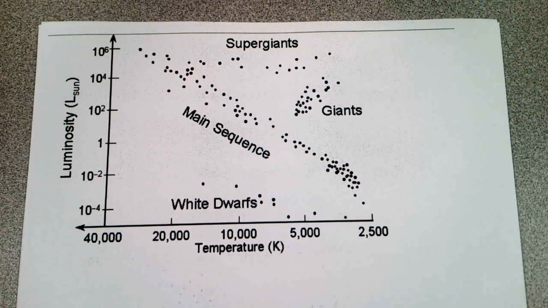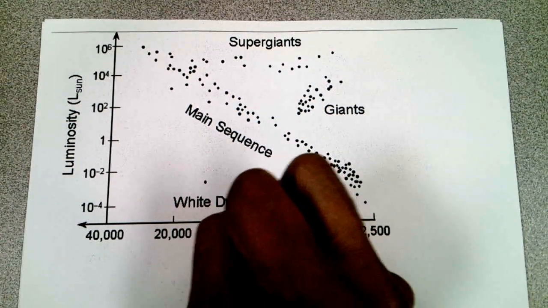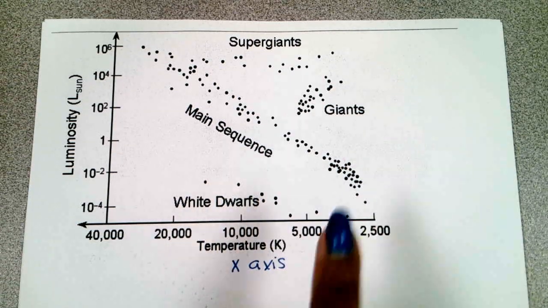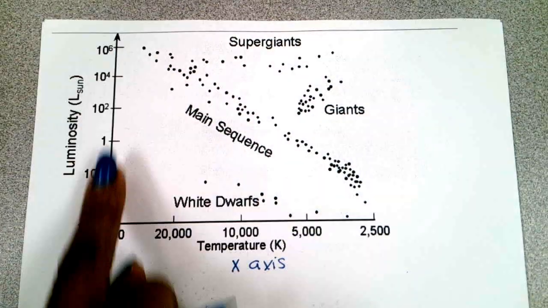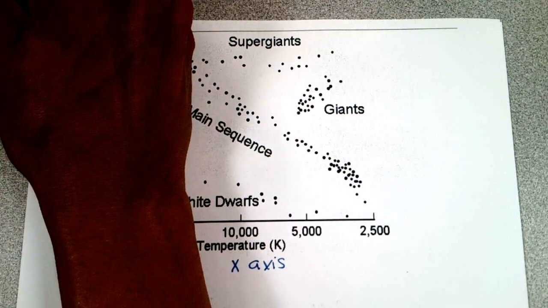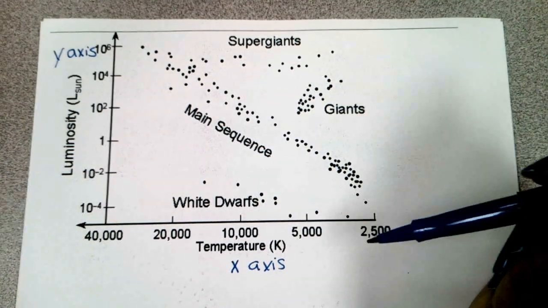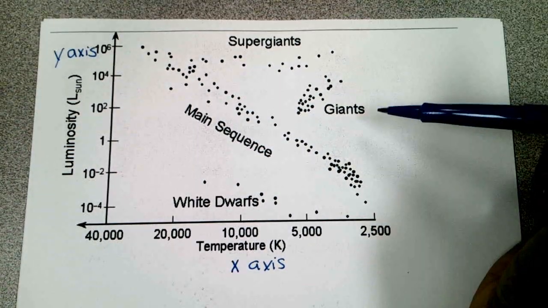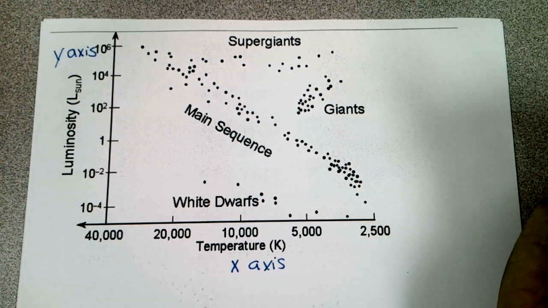All right, here's another HR diagram, and this is just your basic x-axis with your temperature at the bottom, and then your luminosity on the y-axis. And then again, they have your categories labeled. Your supergiants, giants, main sequence, and white dwarfs.